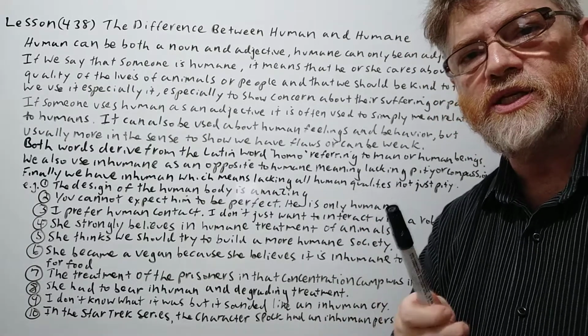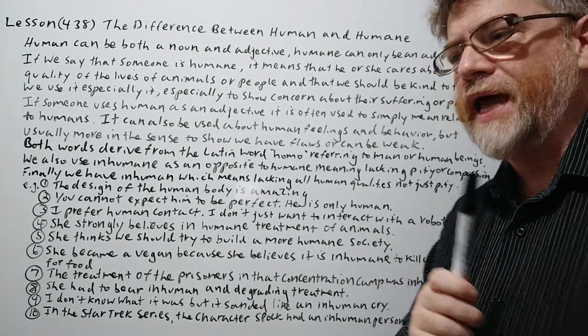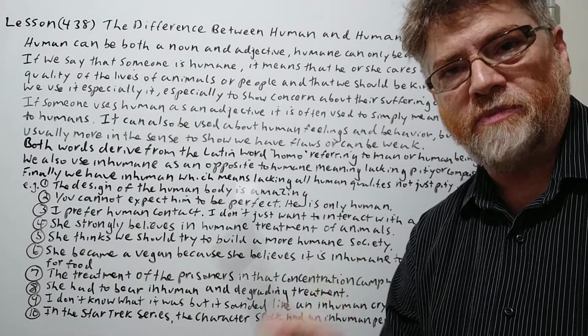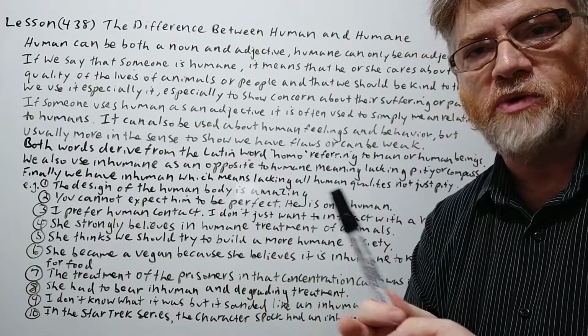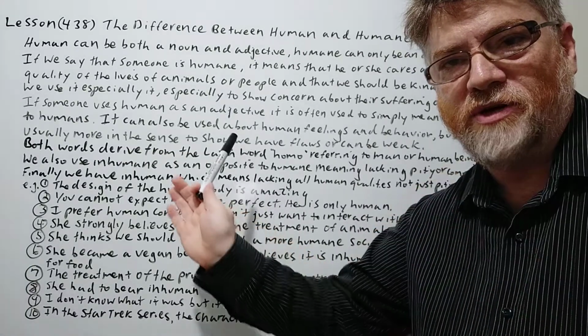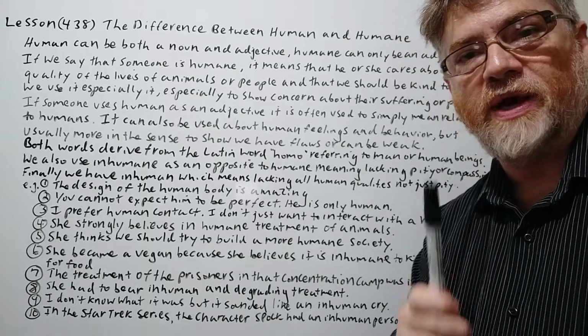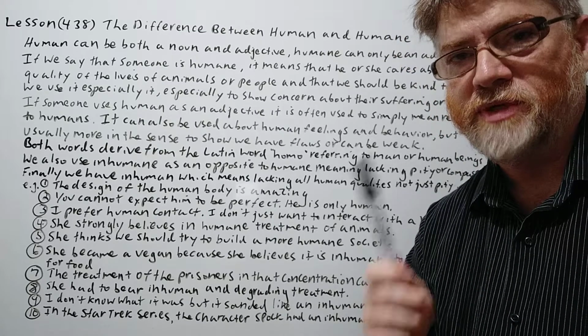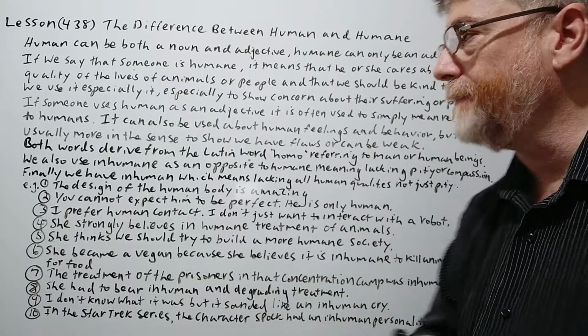So we tend to use it a little more that way. They did say at one time human and humane were very close in meaning, but in more recent decades they've gone in two different tangents. So what I've just given you is the way that we usually think of both. We use human and humane quite differently.